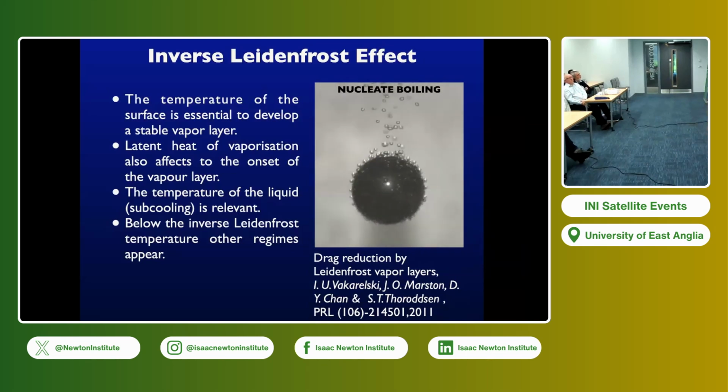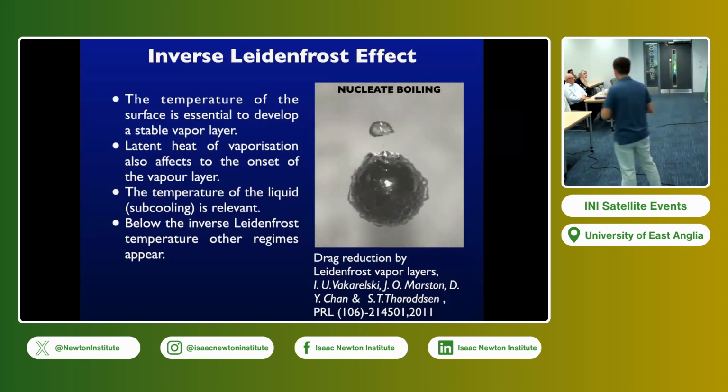Here the liquid is still being vaporized, but the bubbles generated are not enough to generate a uniform vapor layer. This regime is called the nucleate boiling regime, and is related on one hand to the temperature of the surface, but also to the latent heat of vaporization of the liquid that we employ.